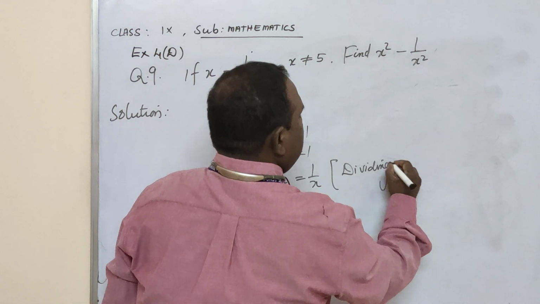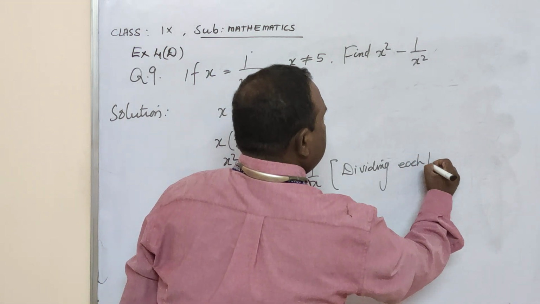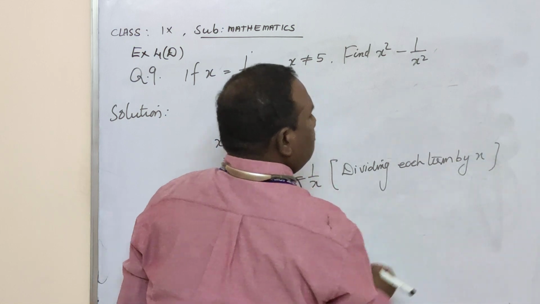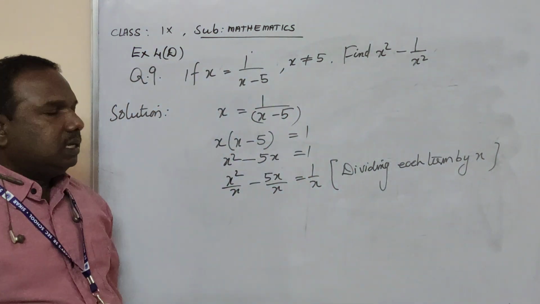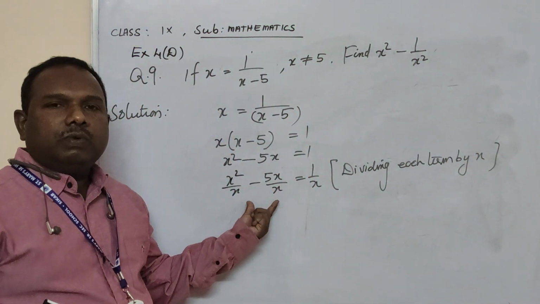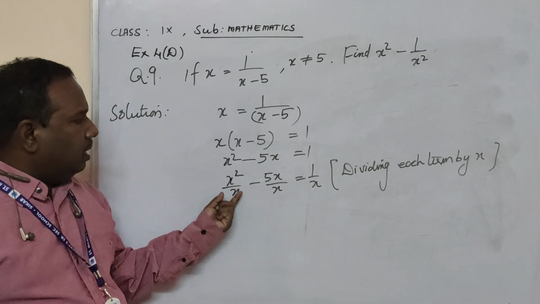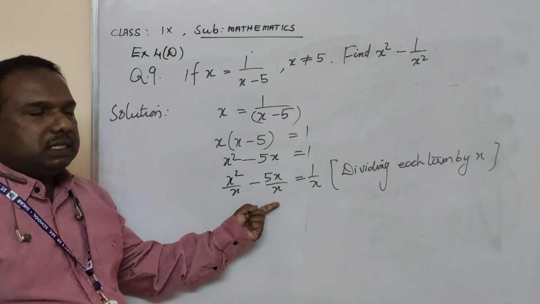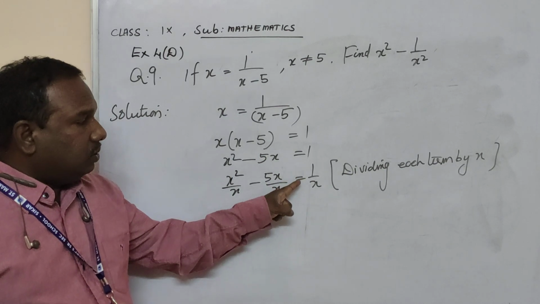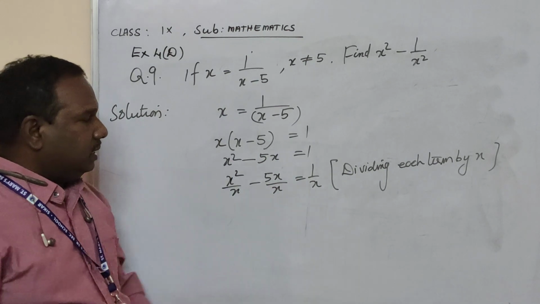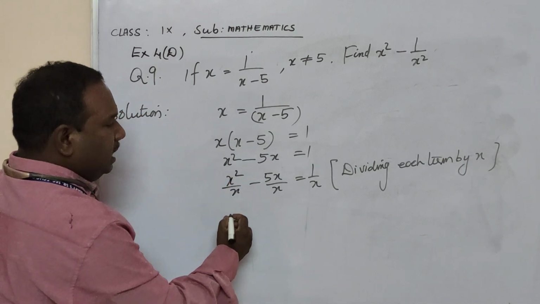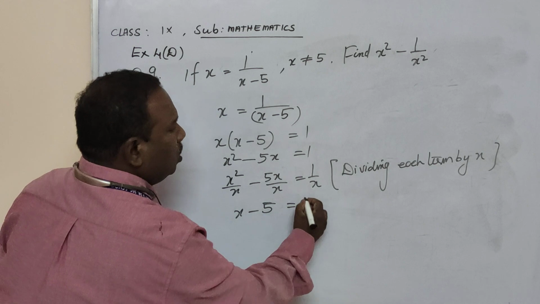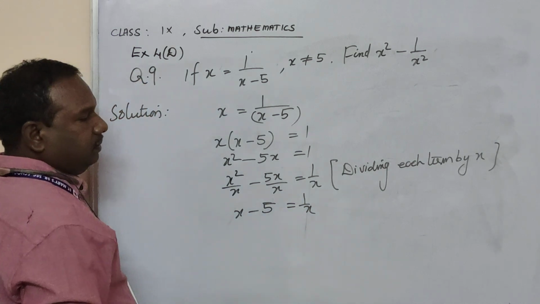Dividing each term by x. In the previous exercise, we have solved a question of this type. Now x square by x is x. This becomes x minus 5 is equal to 1 by x.